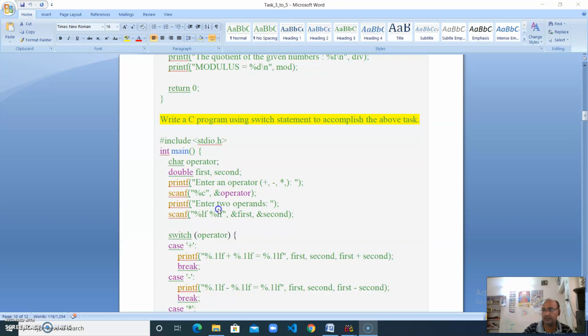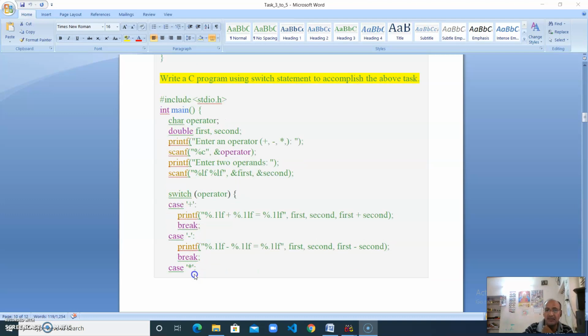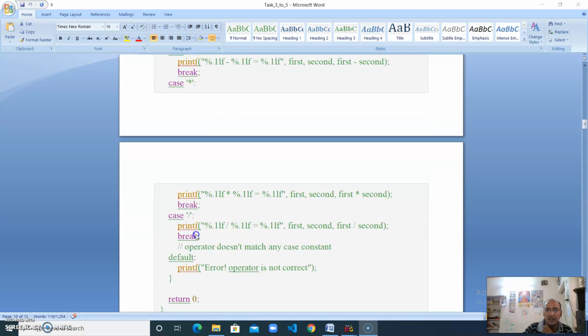Enter two operands, scanf percentage lf, ampersand first and ampersand second. Switch operator, case plus, case minus, case multiplication, case division. After that, default.